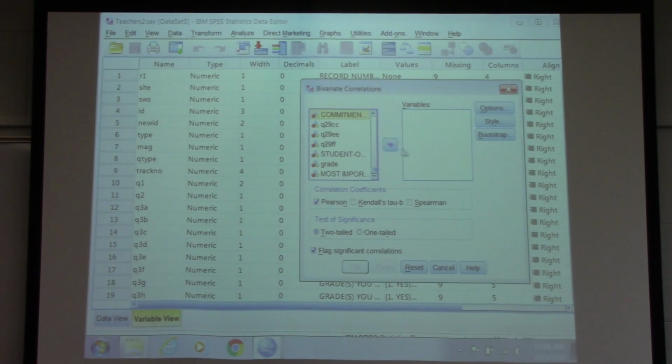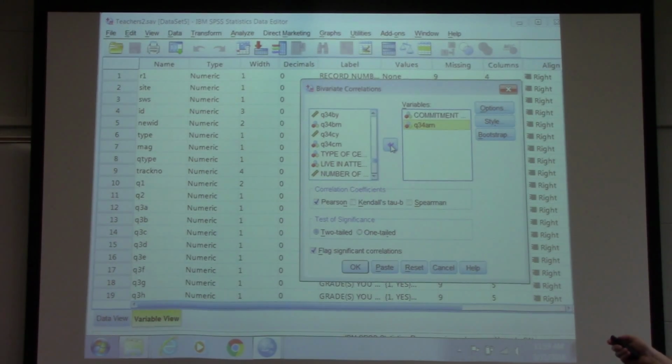Commitment to the school, I'm going to move that over, and now I'm looking for Q34A. You can see it's about 4/5 of the way down. Q34A, move that over.